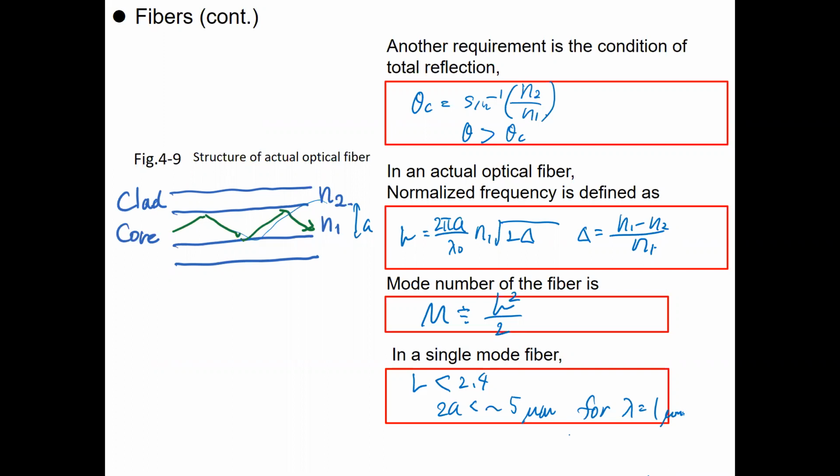So you have to prepare a very small core diameter, on the order of a few to several microns. And in this case, you can send only a single mode of the light.